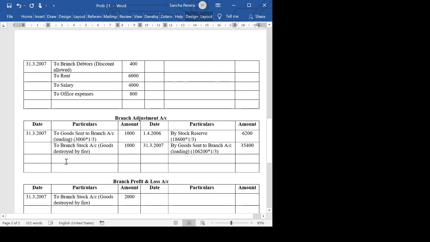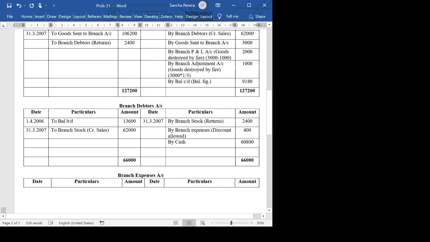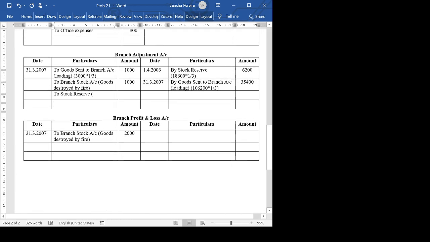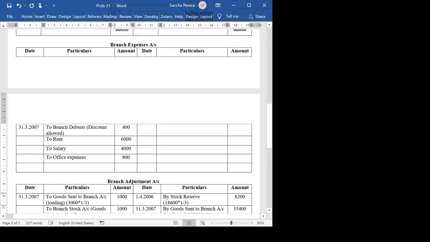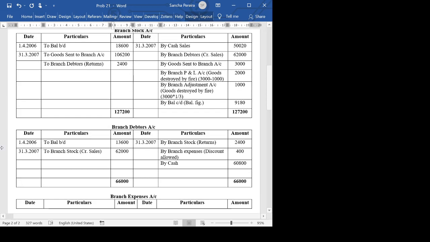So in the adjustment account, to stock reserve on 9180 into 1 by 3 comes to 3s are 9, 3 zeros are 0, 6 are 18, 3060. Okay.